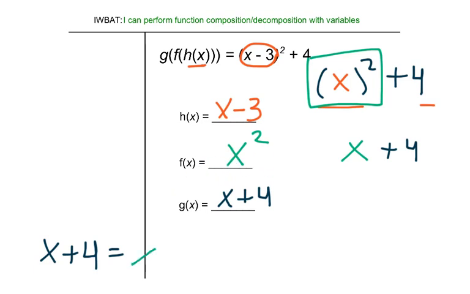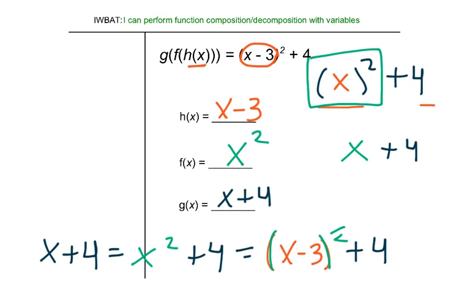So we now have x squared plus 4. And then we want to make all of those x's into x minus 3. And so now we have x minus 3 that used to be x, which will be squared still, and then plus 4 because of g.